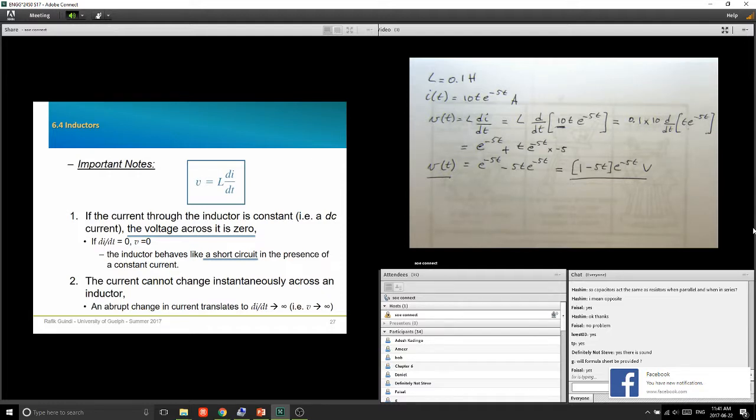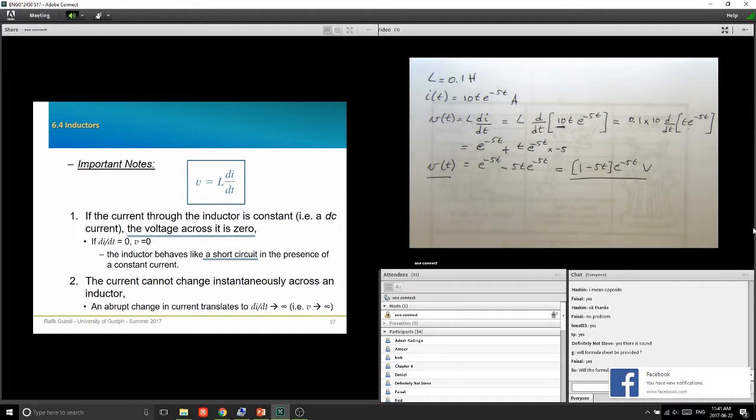And the second thing that we derive from here is that the current cannot change instantly in an inductor. Otherwise the current would jump to a totally different value, and during that time the current would be vertical, so di/dt would be infinity, and you cannot have that.